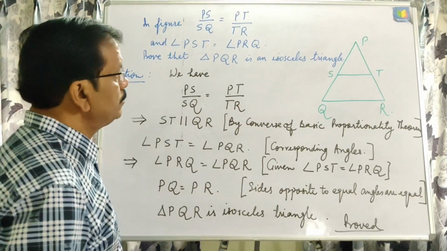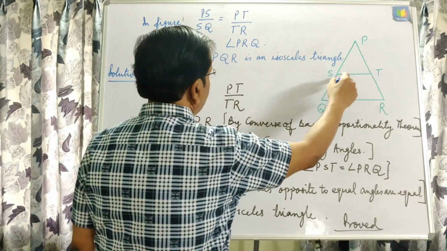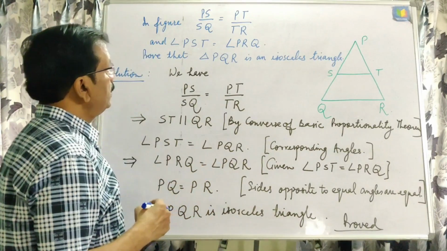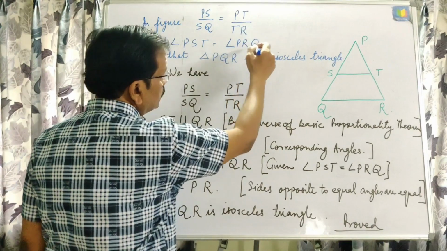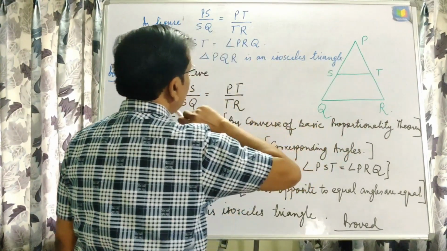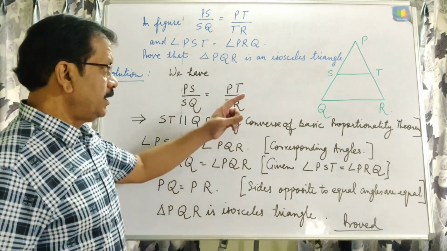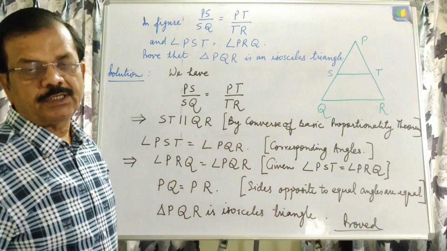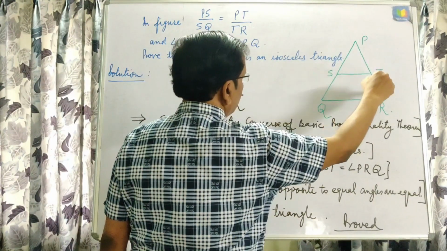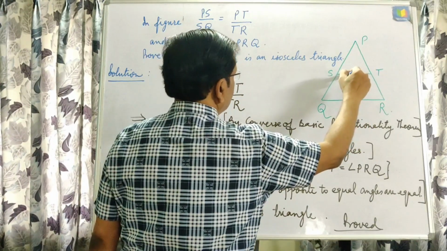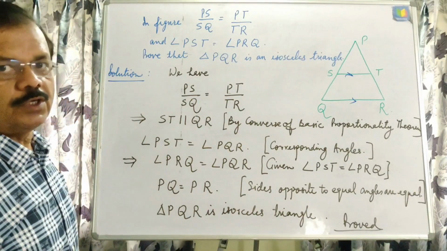Now in this question we are given a figure PQR, and S and T on it with ST a line. Now we are given the condition that PS upon SQ is equal to PT upon TR. Following the basic proportionality theorem, because this is related to the converse of the basic proportionality theorem, that is, if PS upon SQ is equal to PT upon TR, then these two lines will be parallel, meaning ST will be parallel to QR.